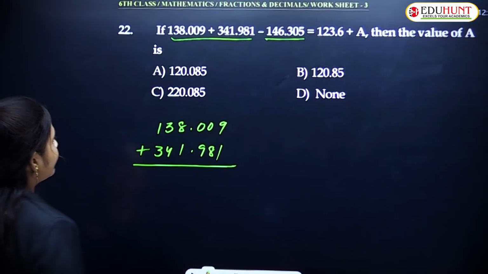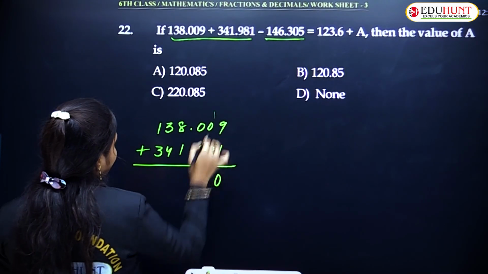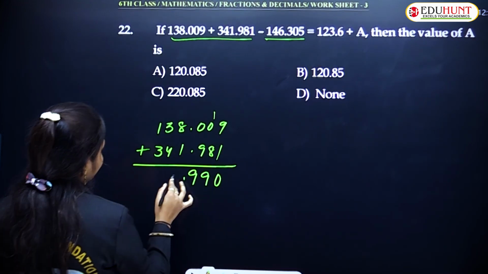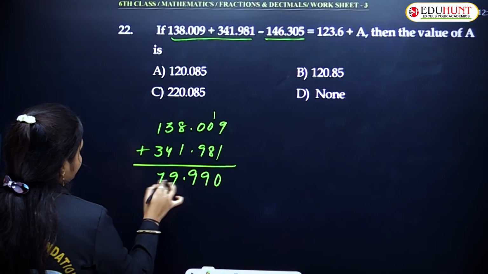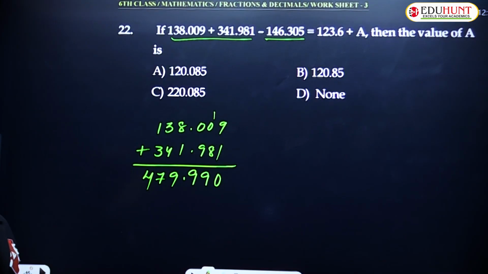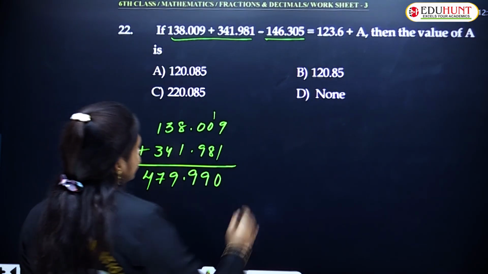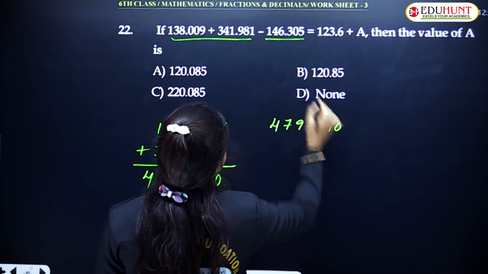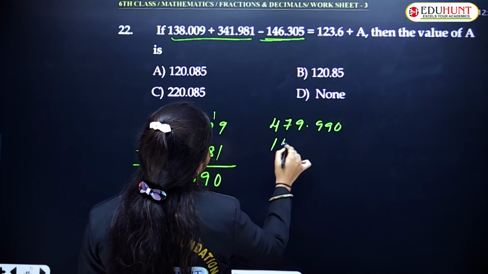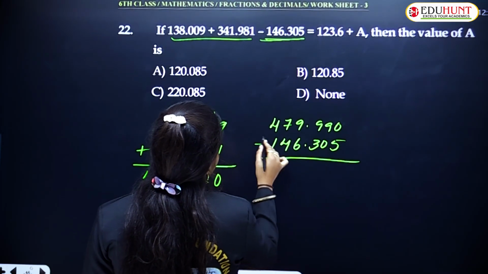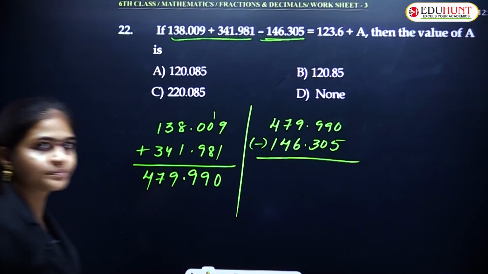Okay, you have to add these two. 9 plus 1, 10. 8 plus 1, 9. 9 plus 0, 9. 8 plus 1, 9. 3 plus 4, 7. 3 plus 1, 4. So 479.990. From this number you have to subtract 146.305.